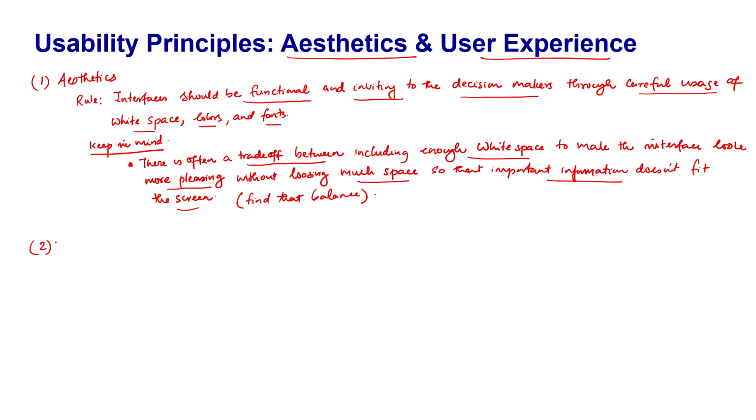Second one is user experience. We mentioned this quite a lot. There are other rules for this that we already discussed, but there are some things to keep in mind.